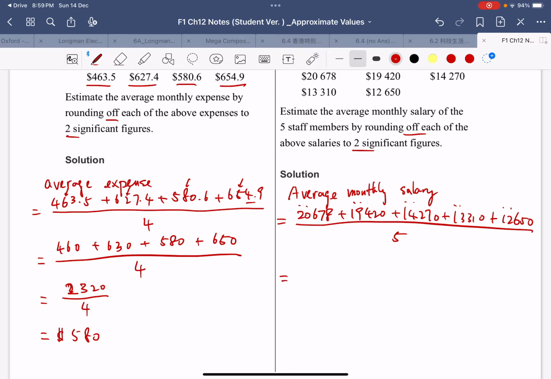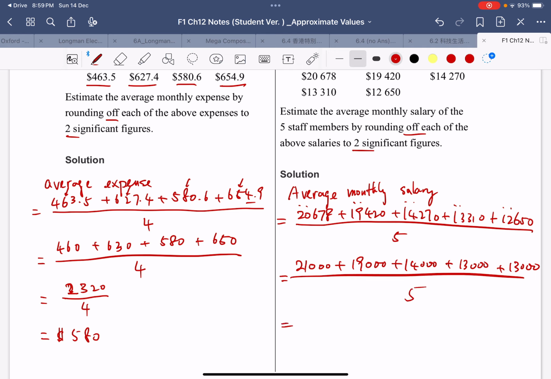Okay, so 21000 plus 19000 plus 14000 plus 13000 plus 13000, divide by 5.